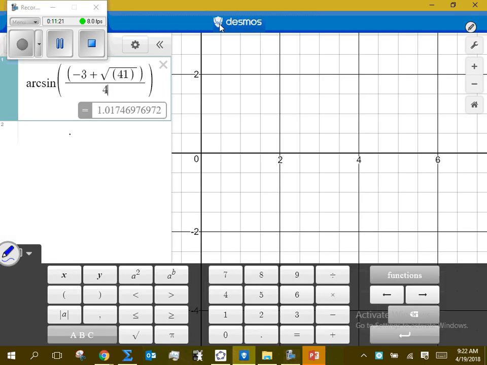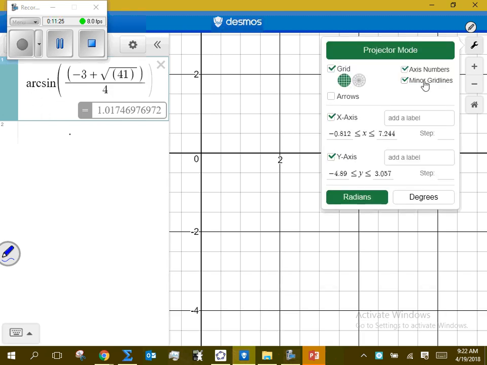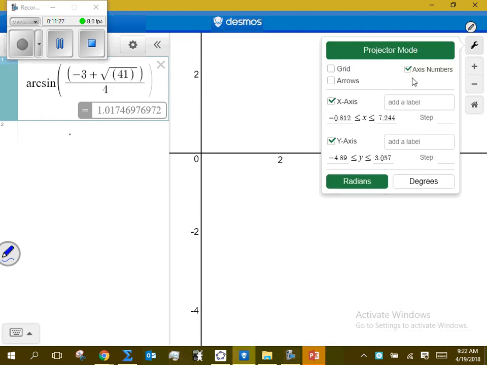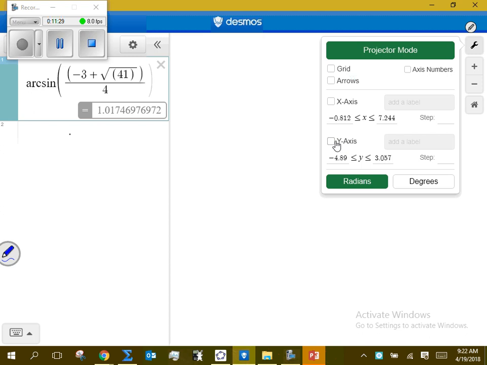Okay, so that means that if I'm looking at the unit circle, this number in here, if I were to actually evaluate that, I think it's like 0.85 or something like that.